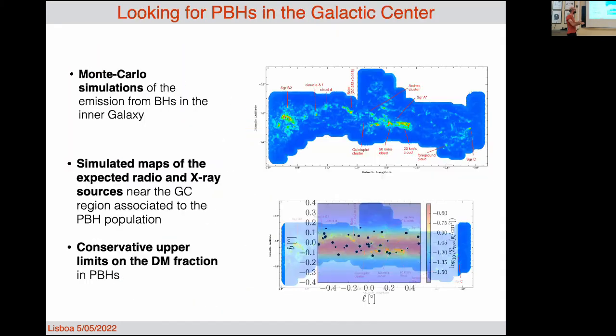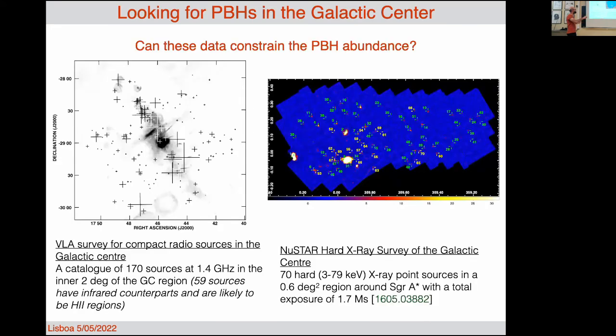So if we go back to this catalog, we are showing that a part of these X-ray sources detected by NuSTAR near the galactic center could be due to accretion onto astrophysical black holes. So a part of these sources could be astrophysical black holes and could be primordial black holes as well, if the fraction is low enough.